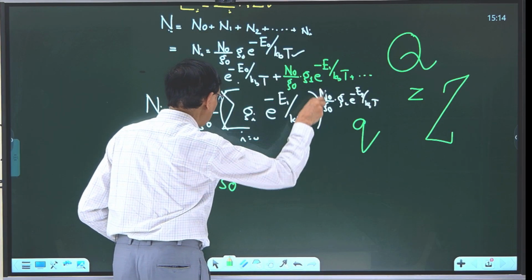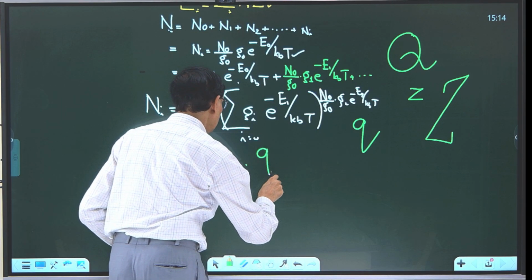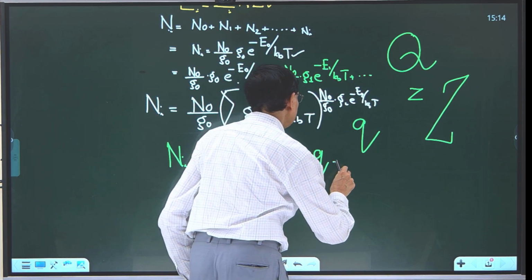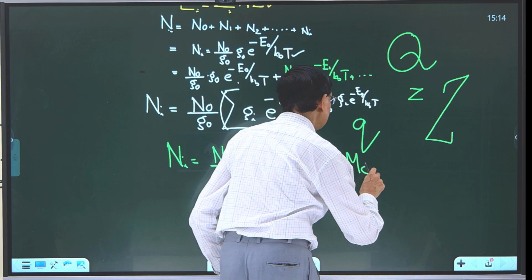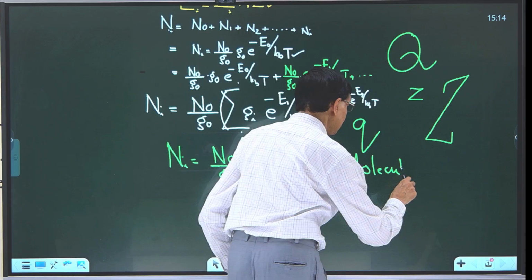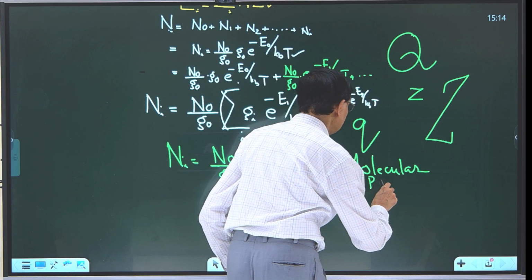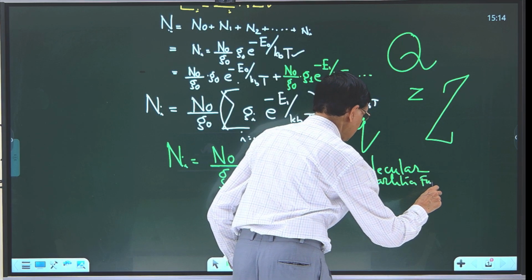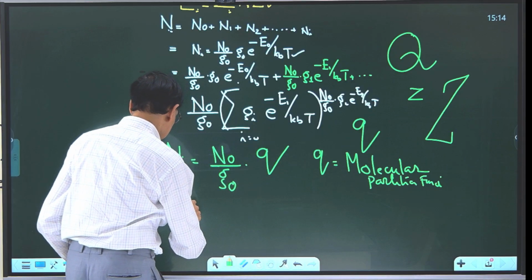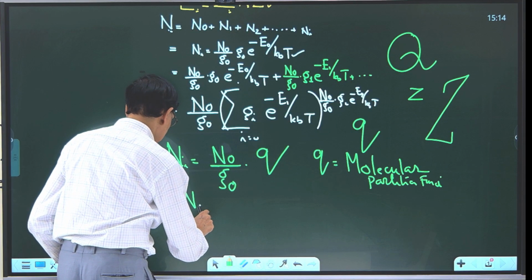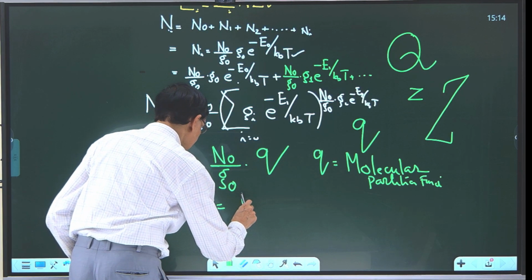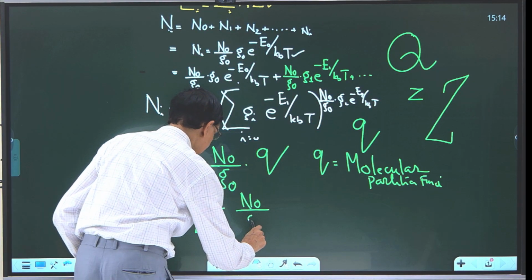This whole part is the small q, or partition function. This q is the molecular partition function, because I am taking the partition function here. So I can directly write Ni, with a q here, N0 divided by G.